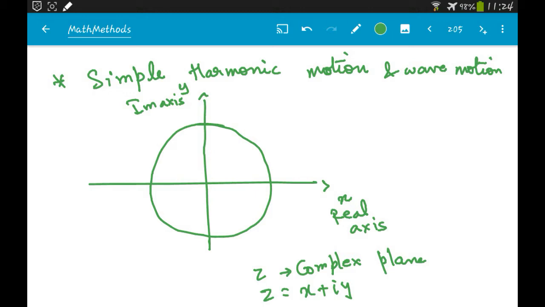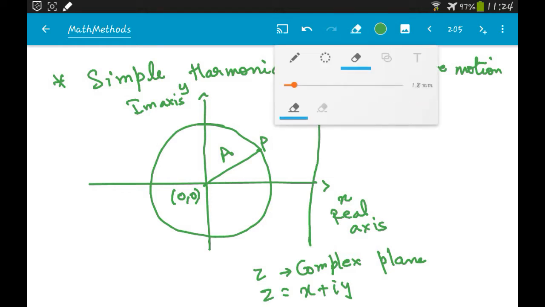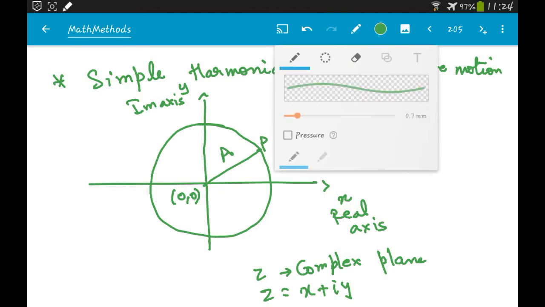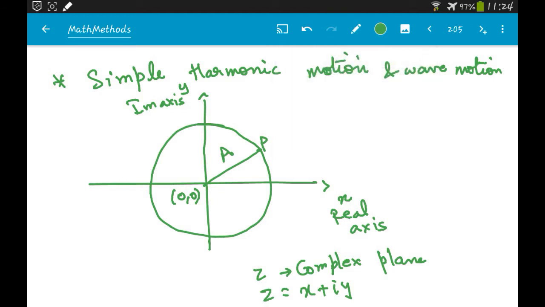Let's say we have a point here, this point is P, and this starts from, let's say, 0, 0, and the length from 0 to point P is your length A. Now we keep another line here, and we project this point P onto this line.